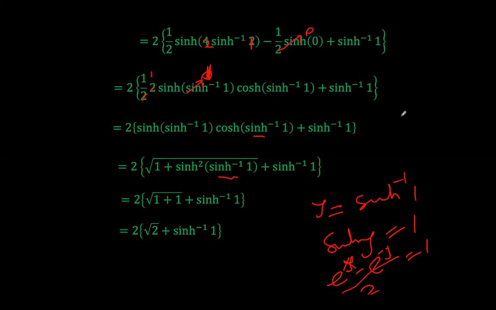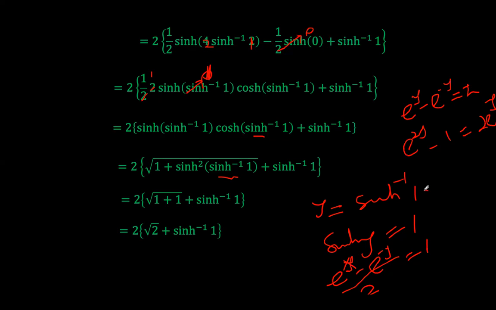And so that means that e to the power y minus e to the power negative y equals 2. So multiplied, of course, by e to the power y, we have e to the power y squared minus 1 is equal to 2 times e to the power y.